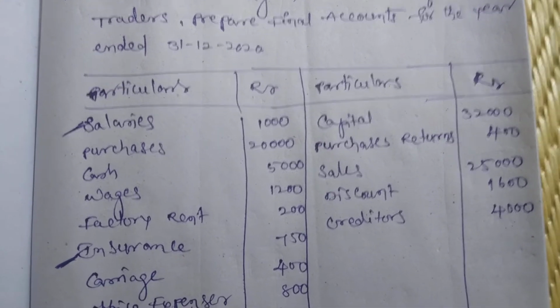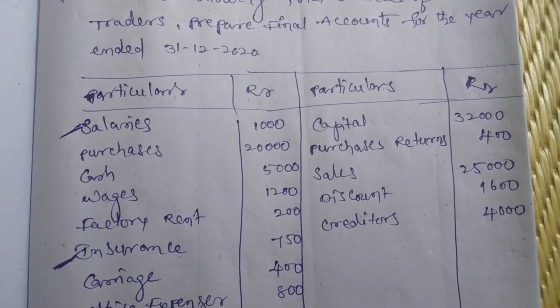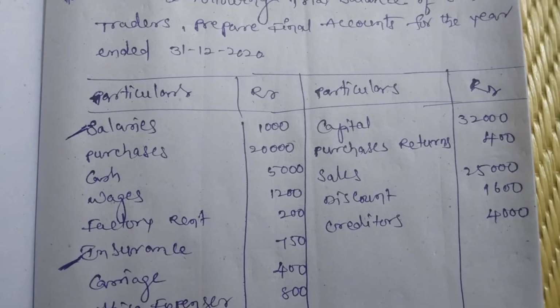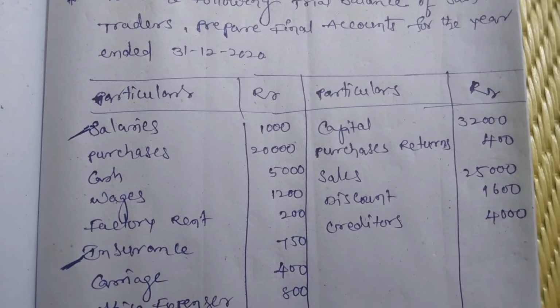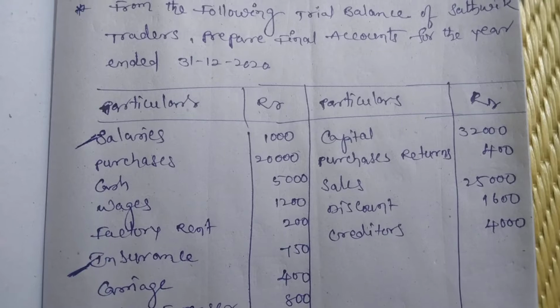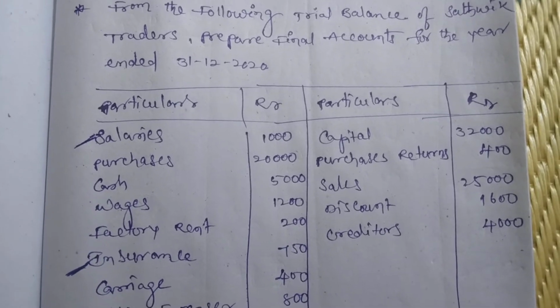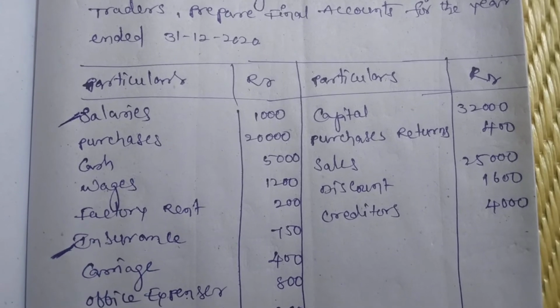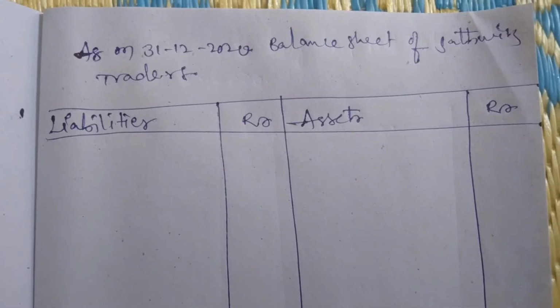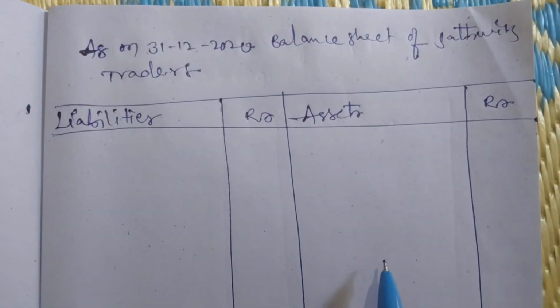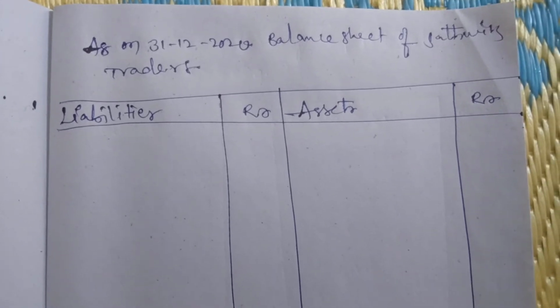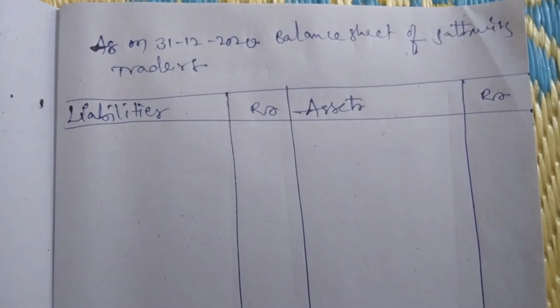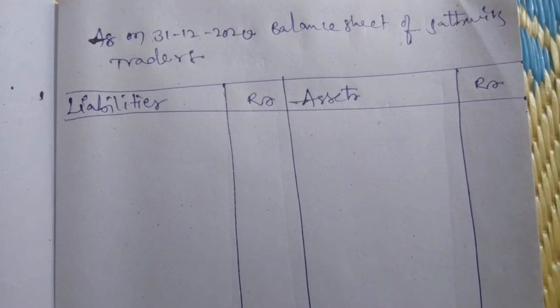Salaries go to the profit and loss account because they are an indirect expense. Indirect expenses are shown in the profit and loss account; direct expenses are shown in the trading account.